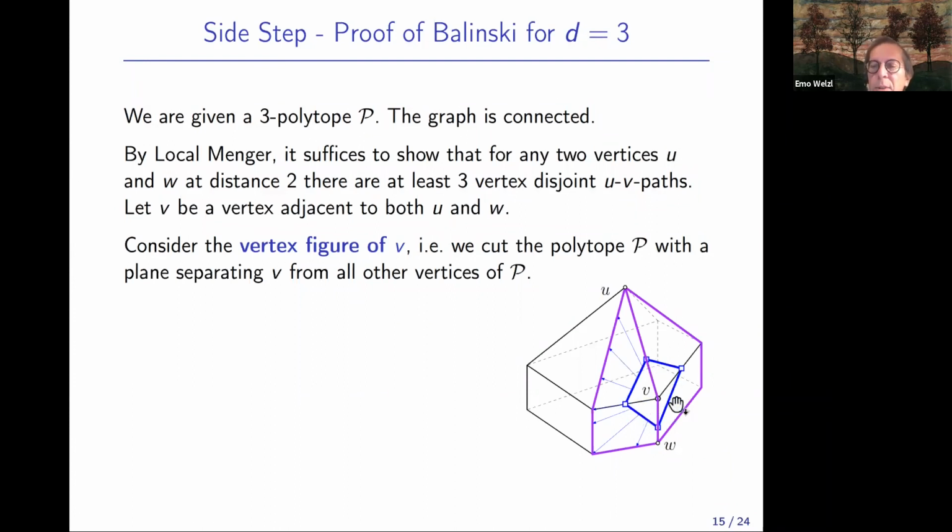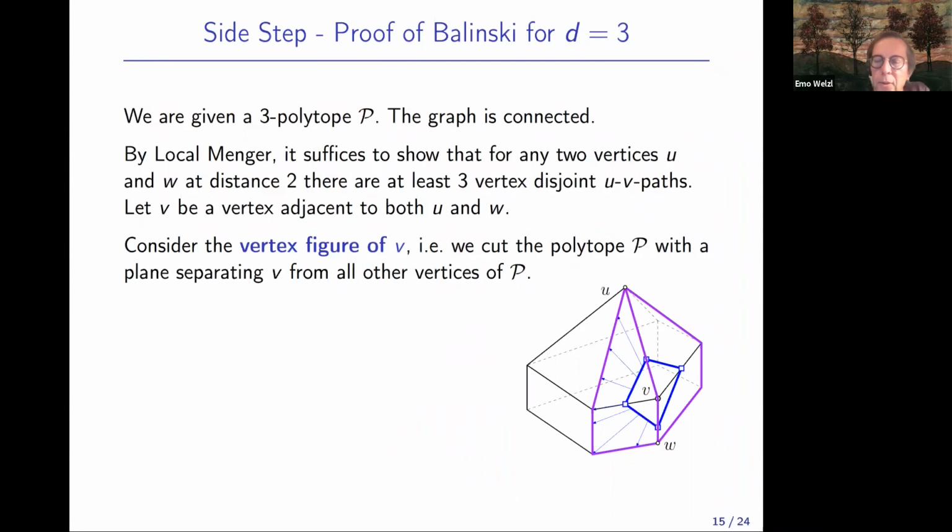We know that this is a polytope of one dimension smaller. There we know that it's d minus 1 connected by induction hypothesis. And so we find d minus 1 vertex disjoint paths, and then you add the path u, v, w. Okay, good. But anyway, so this is kind of the basic idea.